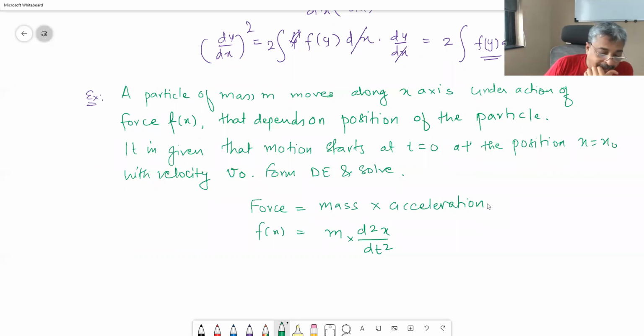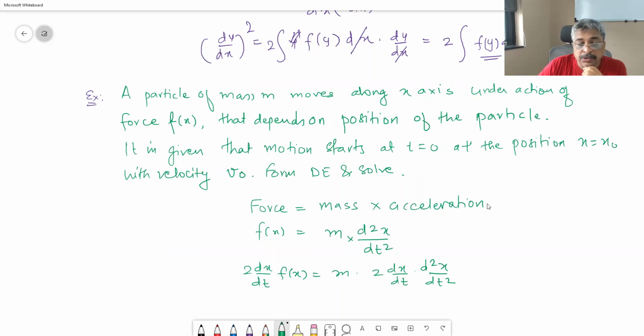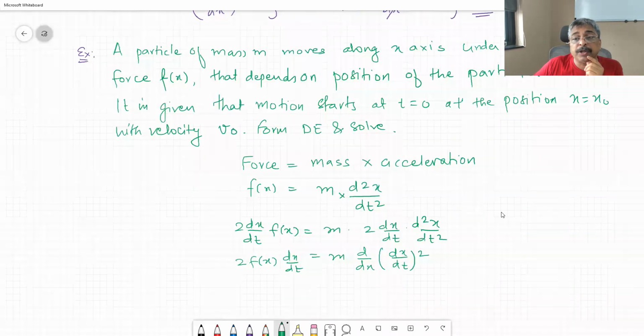Now multiplying both sides by 2 dx by dt, on the RHS you will have m into d by dt of (dx by dt) square, which is equal to 2 f of x dx by dt. Correct? That is what we have done.